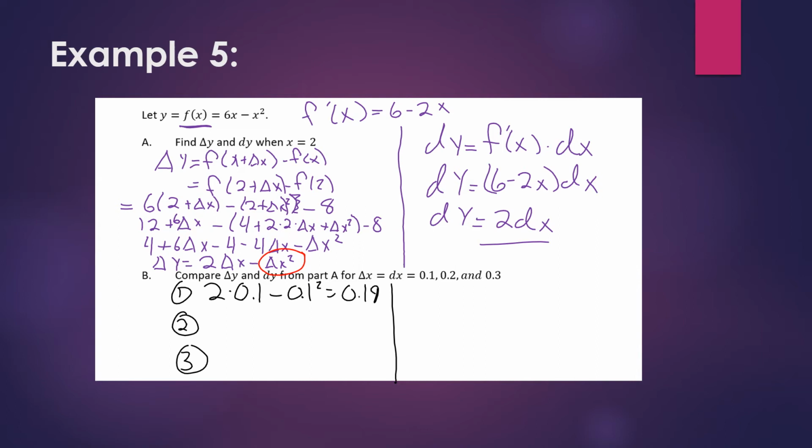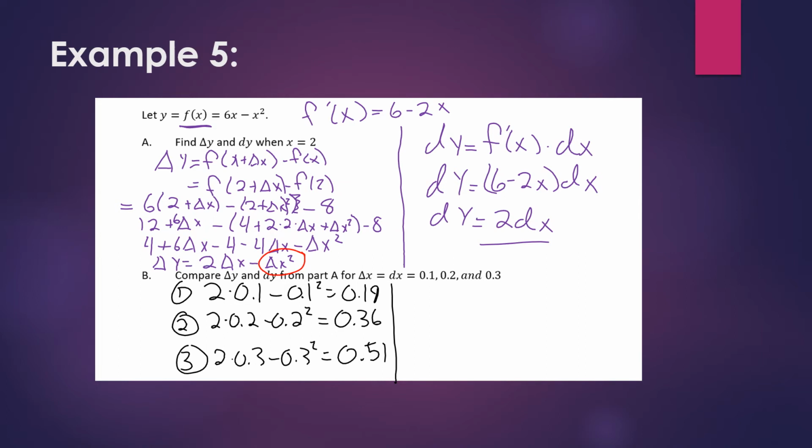If I plug in 0.2, I'll get 2 times 0.2 minus 0.2 squared, and this will be 0.36. And if I plug in 0.3, I'm going to get 2 times 0.3 minus 0.3 squared, and this will give me 0.51.